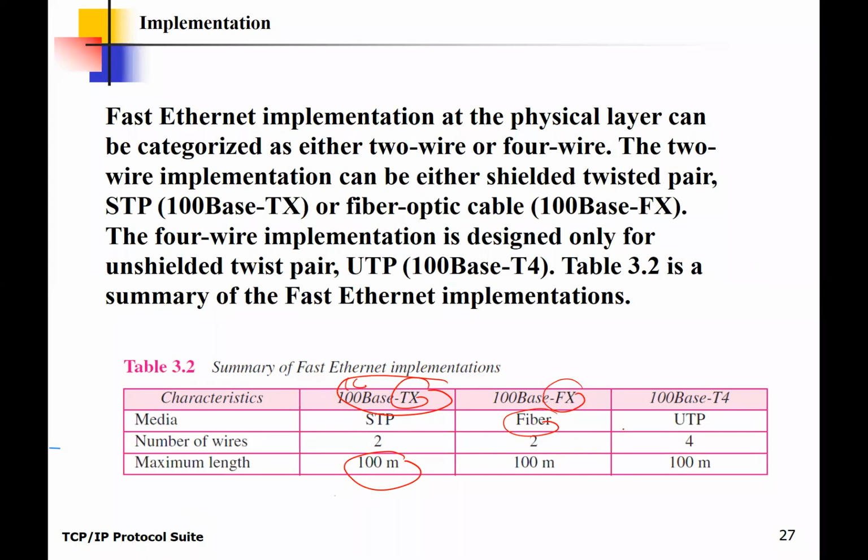FX is fiber, and it's up to 100 meters. Either twisted pair or fiber. These days it's twisted pair, and it's four pairs, which is what we have. Clear?